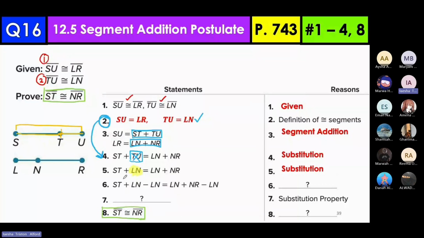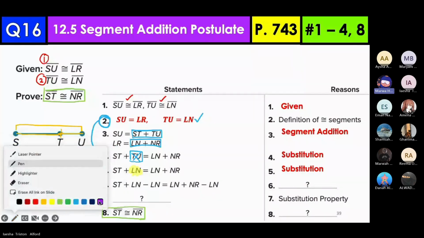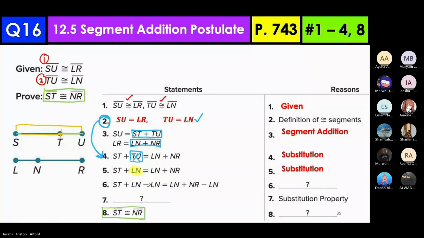In line number 6, something new happened. They subtracted LN on both sides. What do we call that? Vocabulary: subtraction.